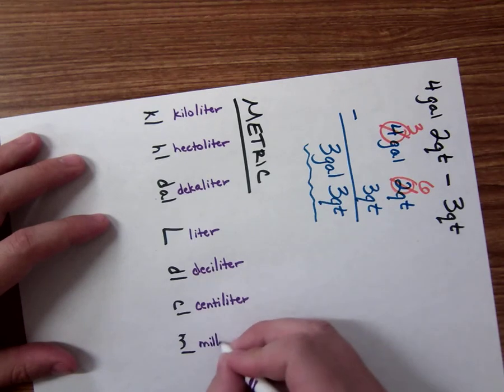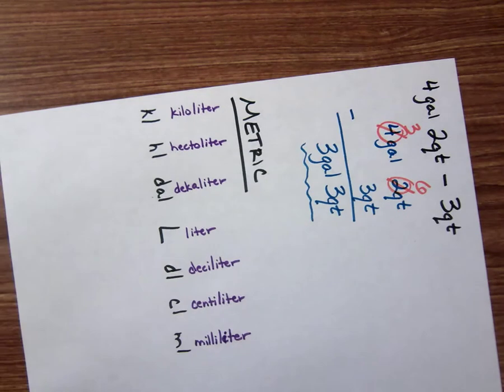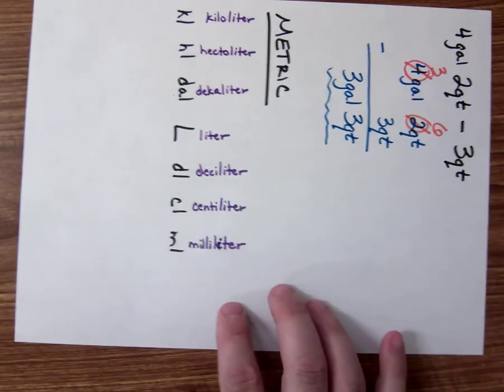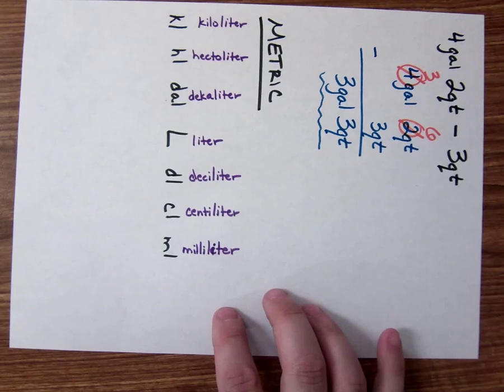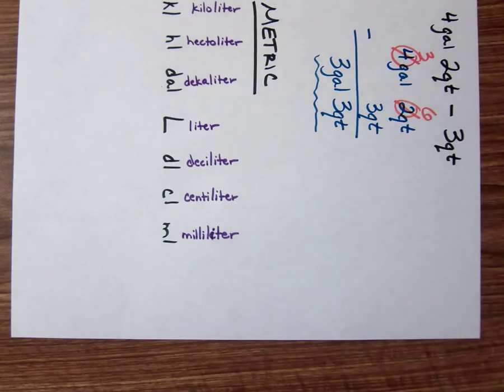Milliliter. And oops, can't spell. Milliliter. And take me to your liter. Sorry, I misspelled milliliter. M-I-L-L-I-L-I-T-E-R. Milliliter.